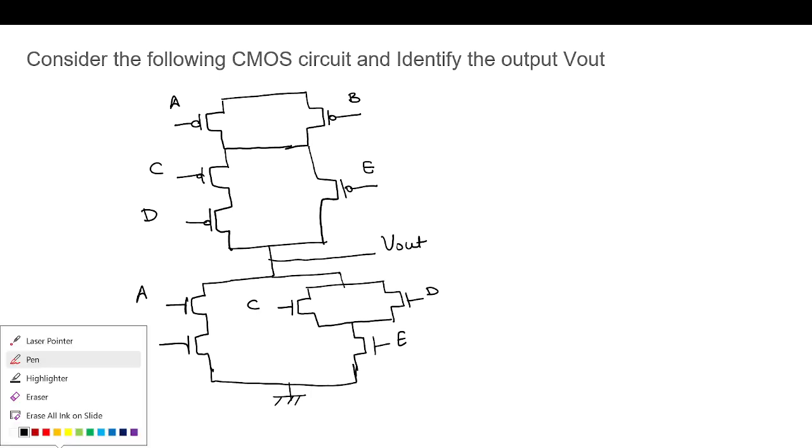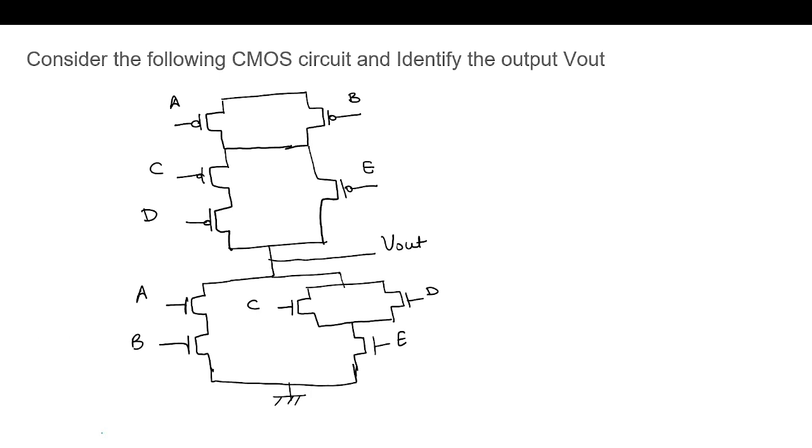Now what will be the expression of V out? This is A B, because only when both are on is there a path to ground, and it's in complement form, so we will take the complement at last.